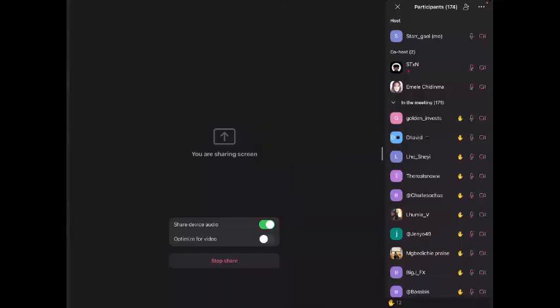Okay, so my first question is about reclaim blocks. These reclaim blocks, do we need to follow the trend in order to trade them, or wherever we see them, we can trade them?